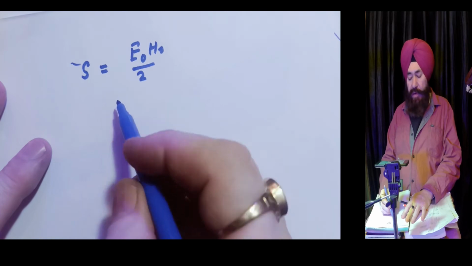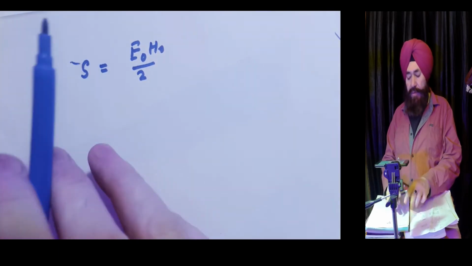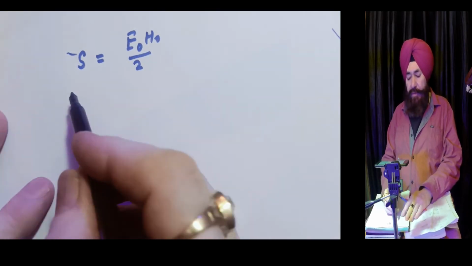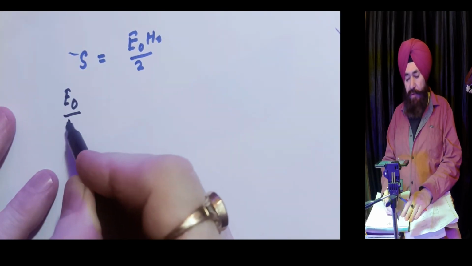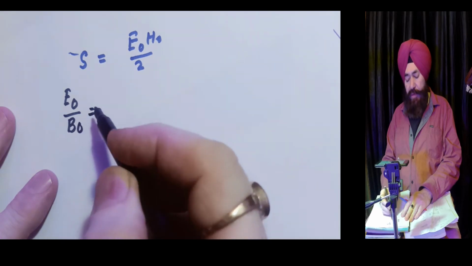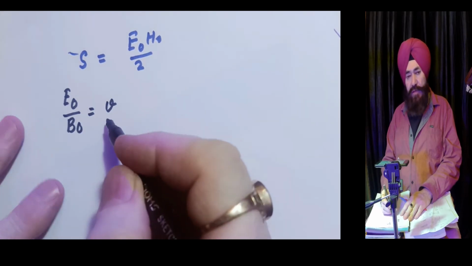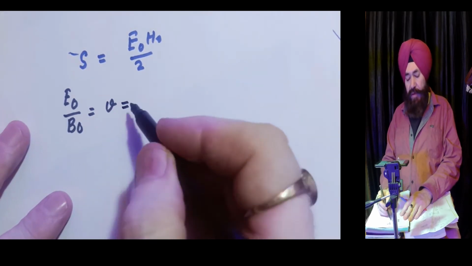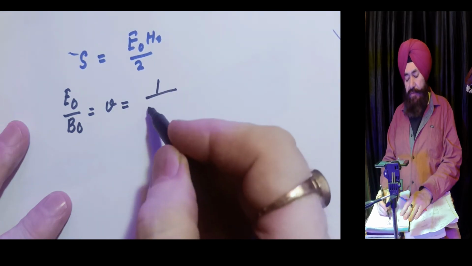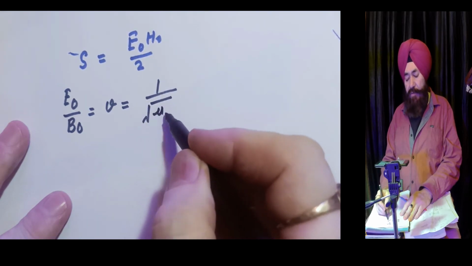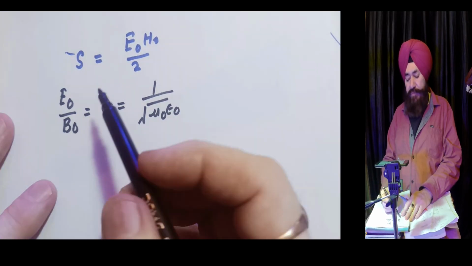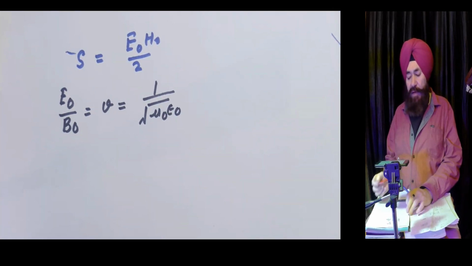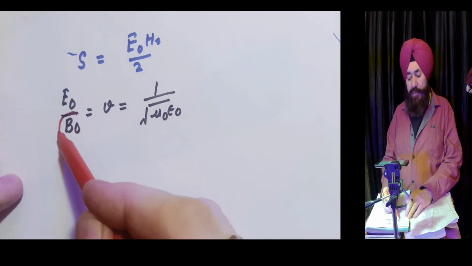Now you know very well that the ratio of E naught upon B naught, there is a velocity of the EM wave, and in turns it is equals to under root of mu naught epsilon naught. You know very well. What about the B naught?